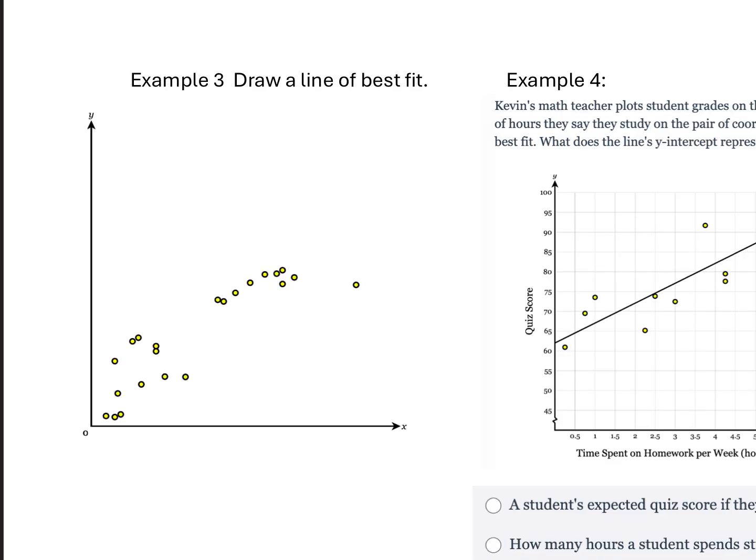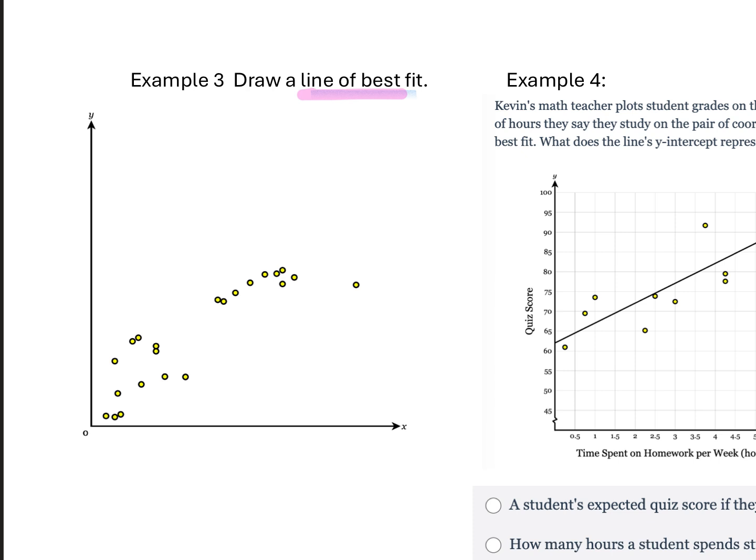Example number 3: real life data is messy and doesn't usually make a perfectly straight line. So sometimes we have to draw something called a line of best fit. It is a line that goes right through the middle of the data.